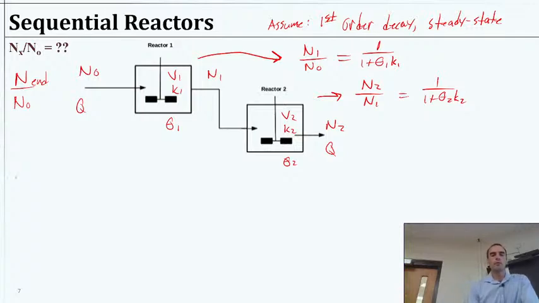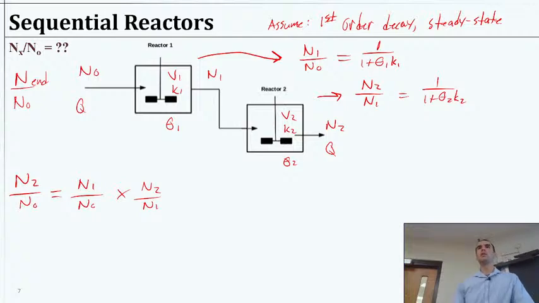So what about solving for N2 over N initial? Well, here we might recognize that there's a nice little multiplication we can do to get there if we know something about N1 over N naught and N2 over N1, right? And you can probably see that immediately.